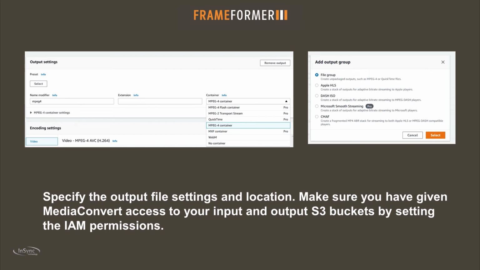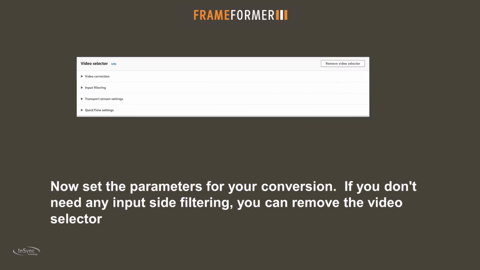Make sure that you've given MediaConvert access to both your input and output S3 buckets through setting the IAM permissions, which we explained a couple of slides back. We're going to go on to set the parameters for the conversion shortly, but you might want to make sure that any processing that you don't need is removed. For example, if you don't need any input side filtering, you can remove the video selector.